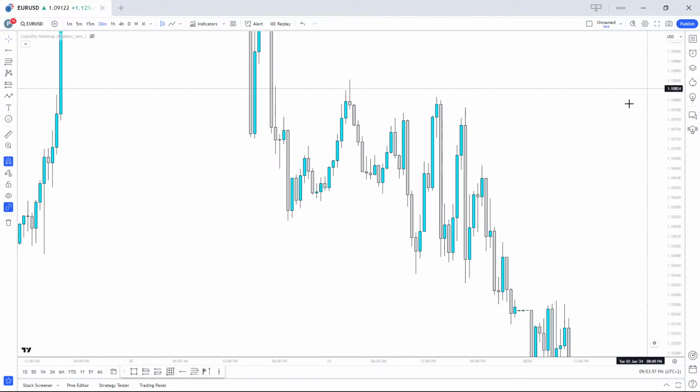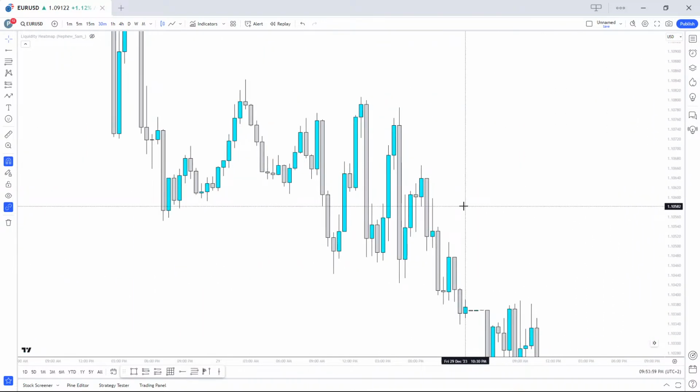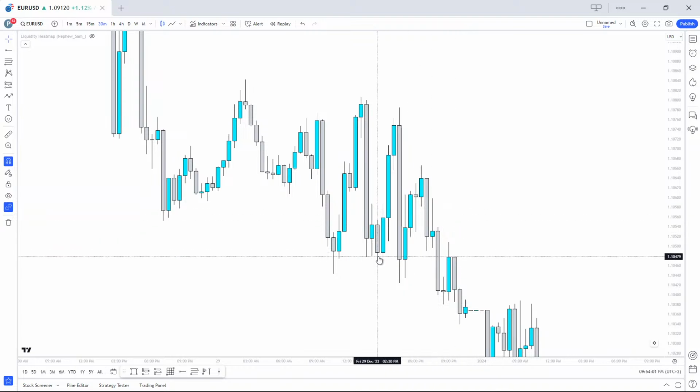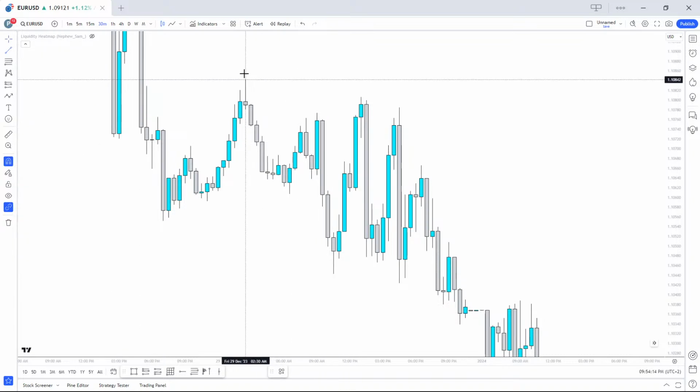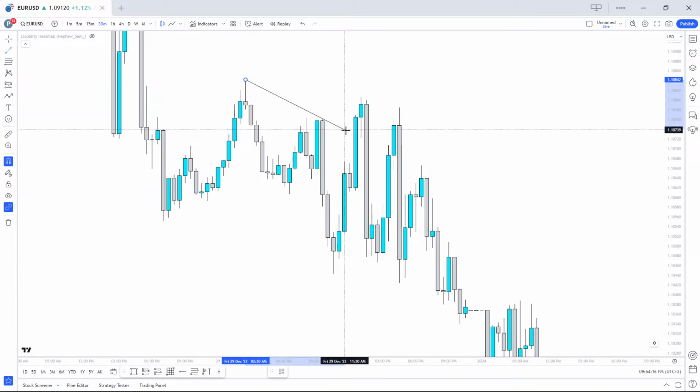This could be a good one, but I don't know. Okay, yeah, this might actually be a good one. Okay, so let's see what we got here. We got a downtrend, so lower lows following the trend.